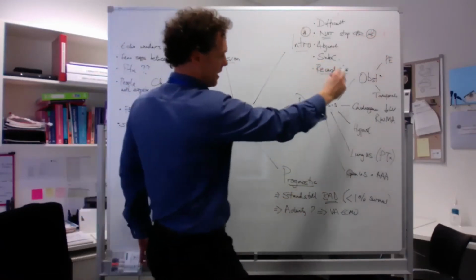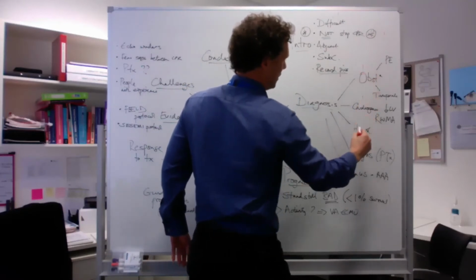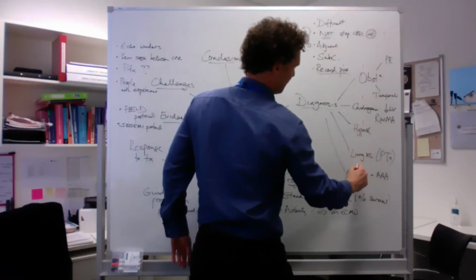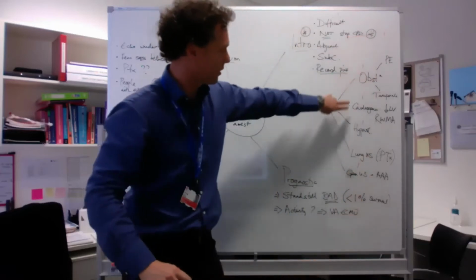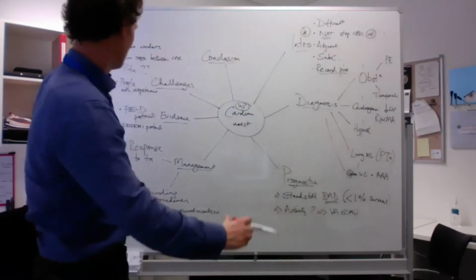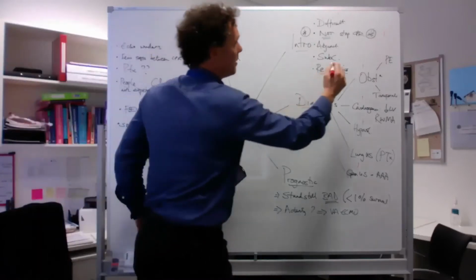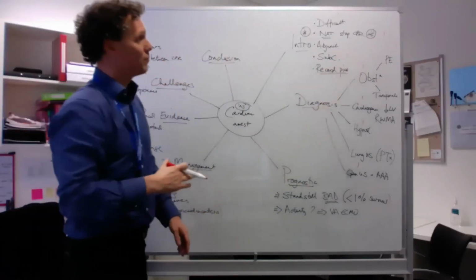Each of these would be worth a mark: picking up obstruction, cardiogenic, hypovolemic shock, and the echo features thereof. We've got to talk about how to do it, which windows you're going to be going through.